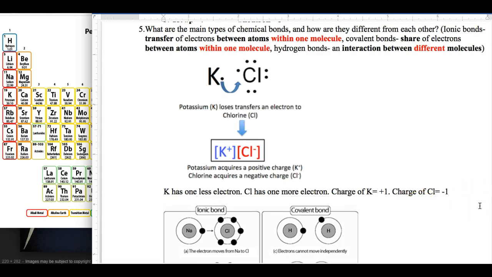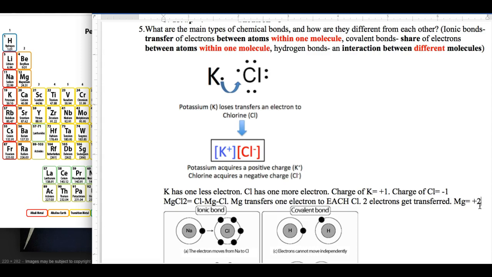Okay? So what if we have MgCl2? If you want to write it differently, that would be Cl bonded with an Mg, bonded with another Cl. In this case, Mg transfers 1 electron to each Cl. So in total, Mg is transferring 2 electrons. Each Mg would have a +2 charge.